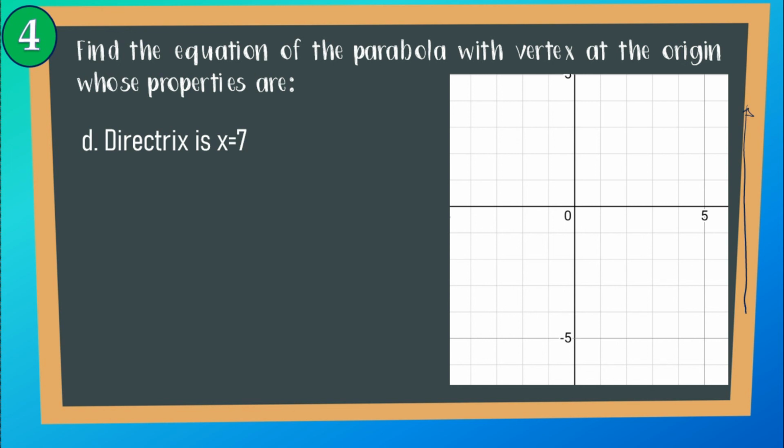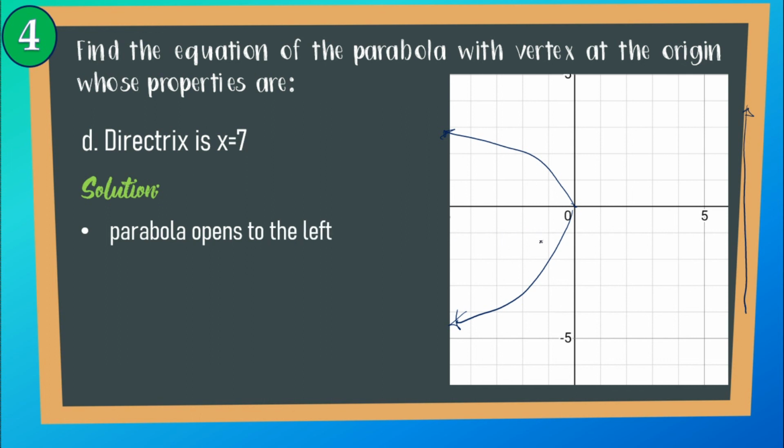So, meaning to say, from the vertex, so opens to the left siya. Okay? I'm sorry. Okay, opens to the left. Okay, so I said representation lang. Hindi talaga to yung graph, ha? Okay. So, magiging parabola niya opens to the left. Okay, correct.